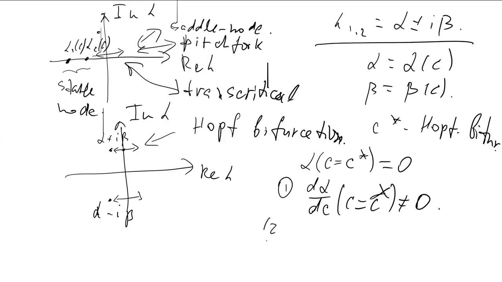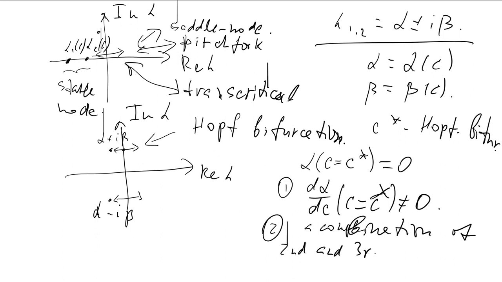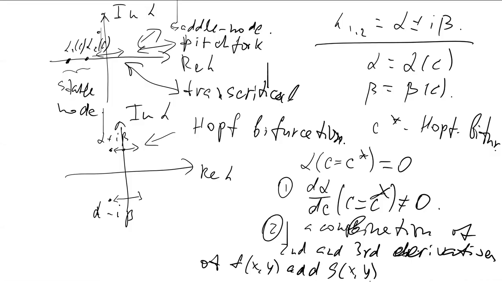And there is one more condition, and it is a very long condition. It is a certain combination of second and third derivatives of f and g, and it is also non-zero.